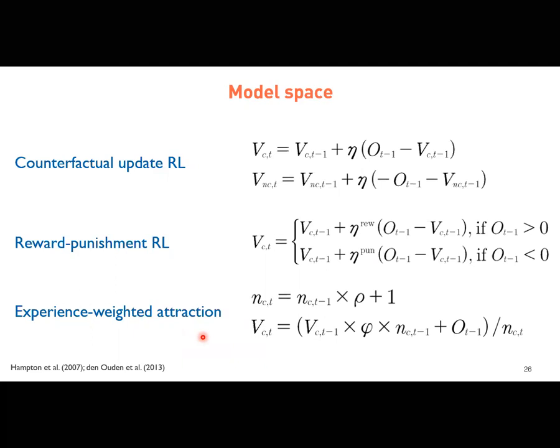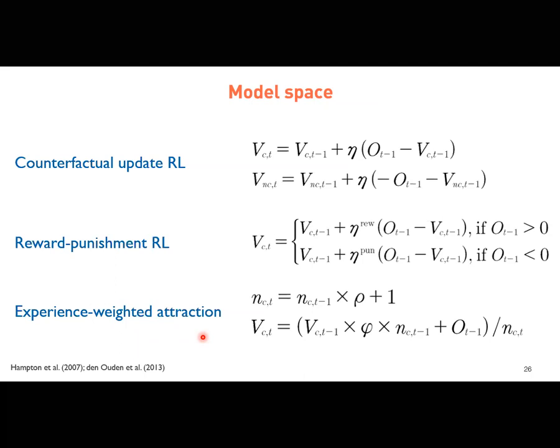The simple idea is that not only is the value updated on a trial-by-trial basis, there is something called an experience weight that is also updated. If I have a constant success history, choice history, then my experience might be successful, right?